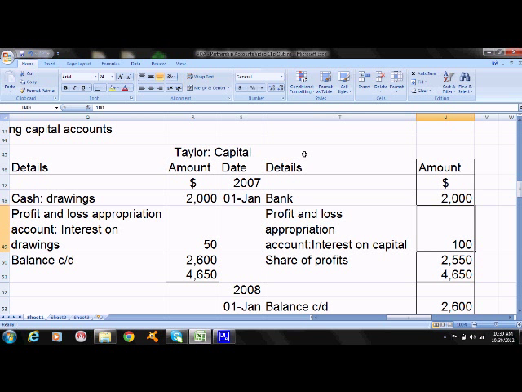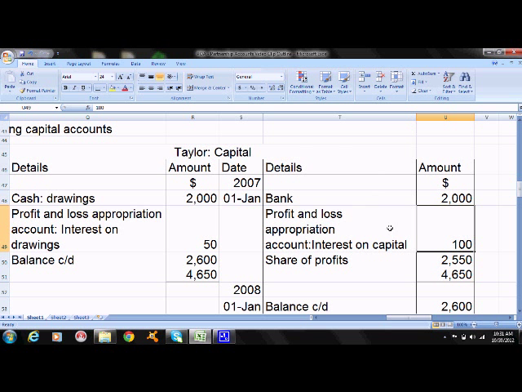And then we would also credit the capital account with interest on capital, which would be $100, and we would also credit the share of profits, which is $2,550.